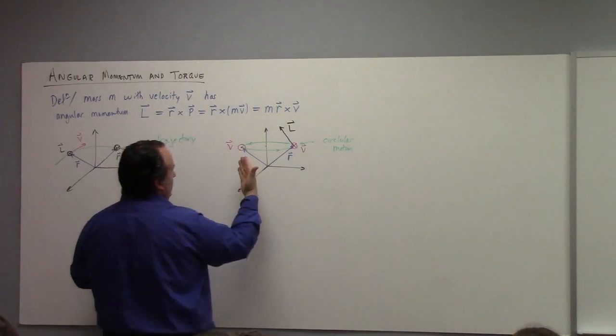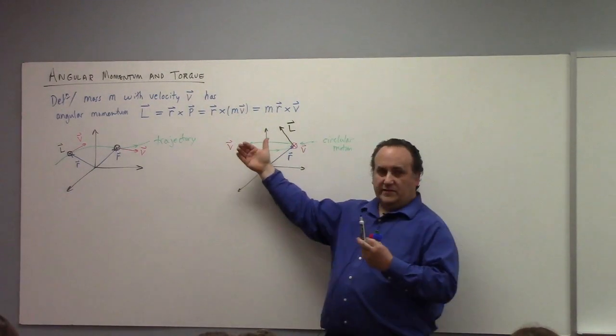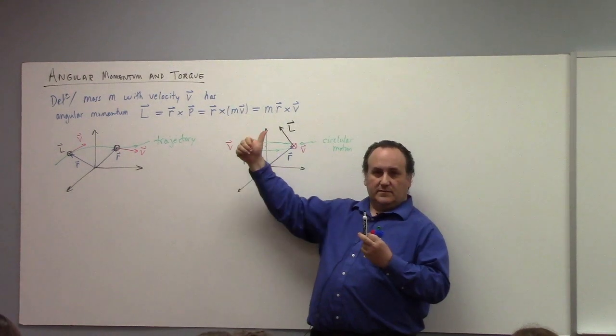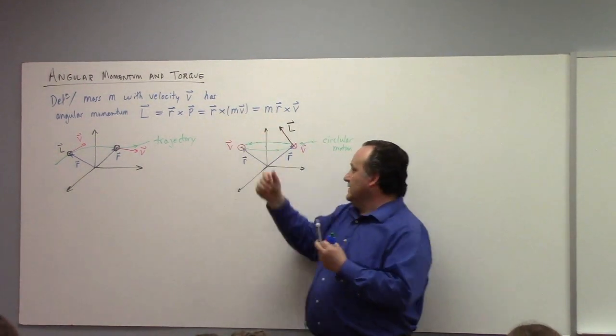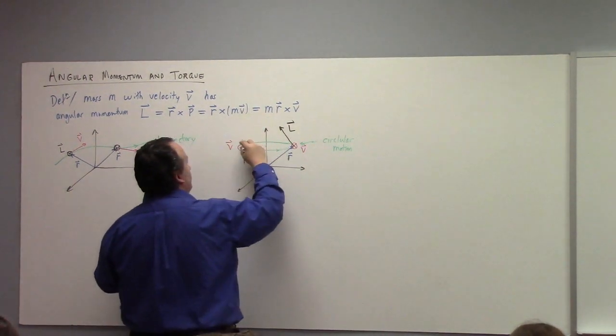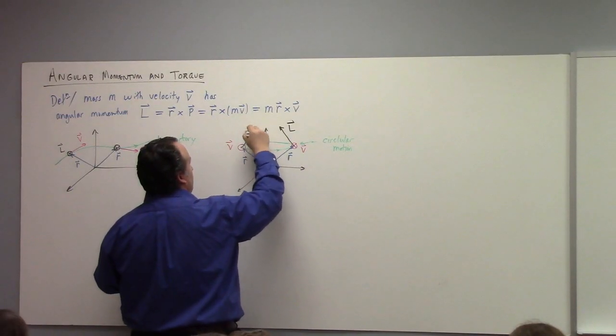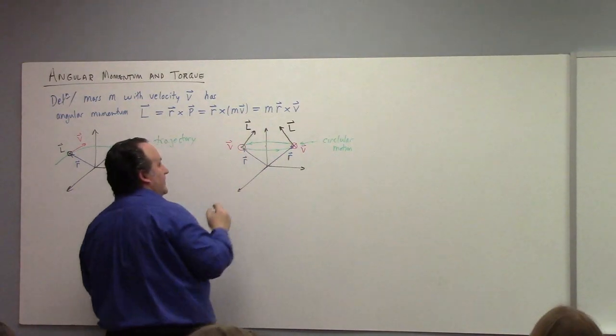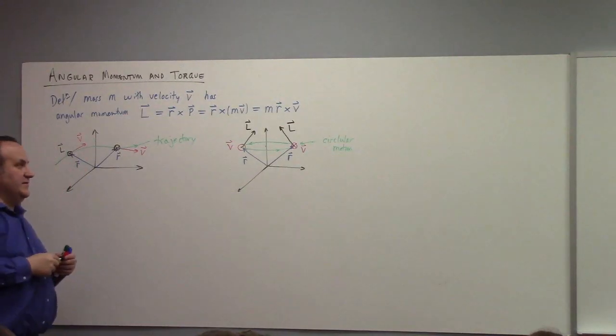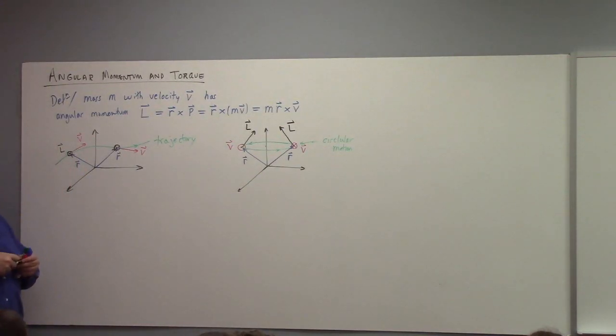Over here, R, now it's come out at you, right? Crossed into V, so it goes like this. So this would look something like this, right? Now, if it was constant velocity circular motion, then my L on both sides should have equal magnitude in sort of opposite, well, not exactly opposite direction, right?